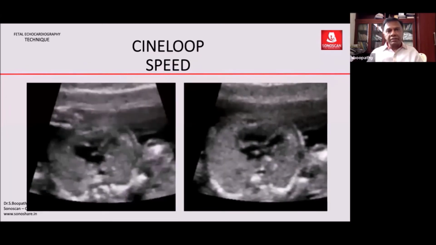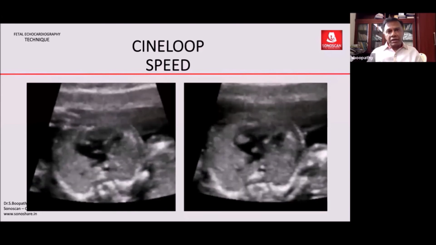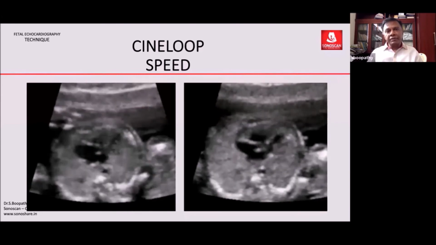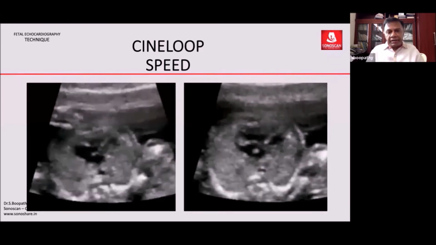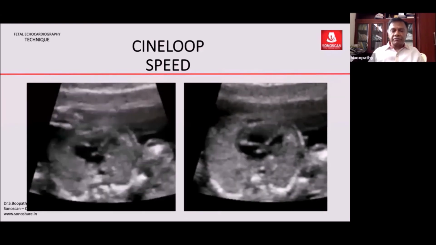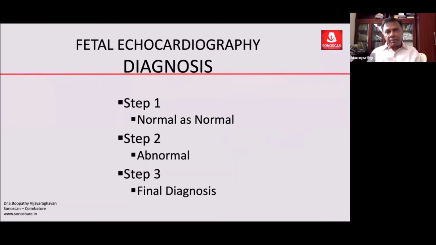The cine loop enables us to run the loop slowly to visualize certain features better and to go frame by frame. So the aorta in the center. In certain situations, this section is useful, but otherwise normal finding is by pattern recognition.